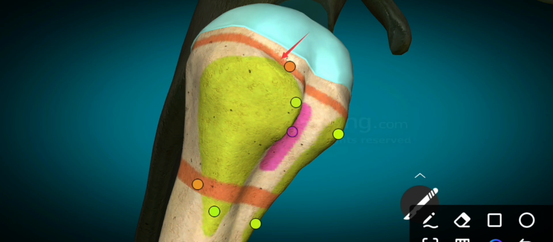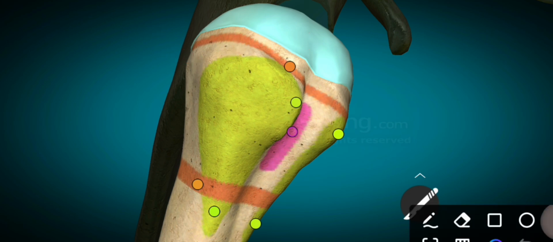One is here, the superior facet, the other is the middle facet, and the other is the inferior facet. The superior facet provides attachment for the supraspinatus muscle. The middle facet provides attachment to the infraspinatus muscle, while the lower facet provides attachment to the teres minor muscle.